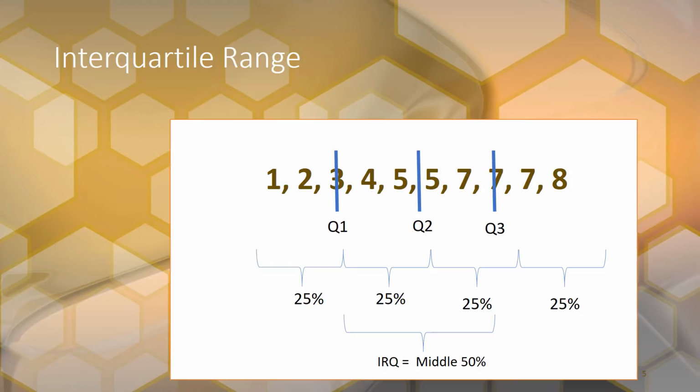So in this example, each part has 2 observations in the data, and that's 25% of all the data. And then the interquartile range is the middle 50%, so it goes from 3 to 7.